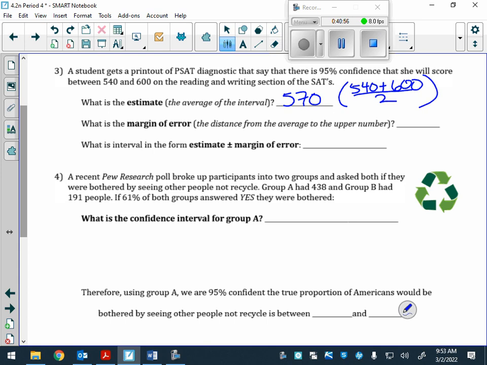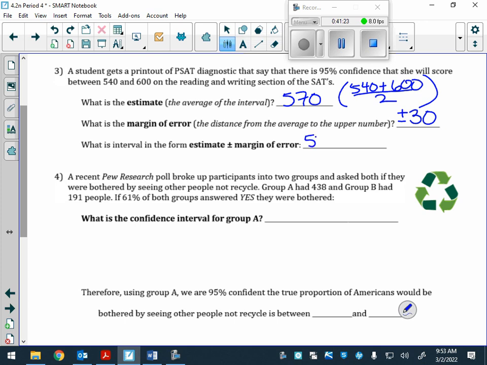Okay, so now the margin of error is the distance from the average above. So 570 to 600 is how much? 30. So that is going to be our margin of error, plus or minus 30. Okay, so to write this interval, it's the estimate, which we're going to get back to.